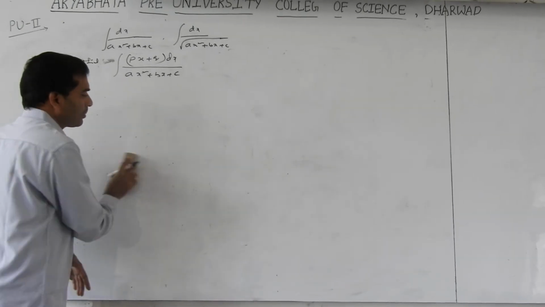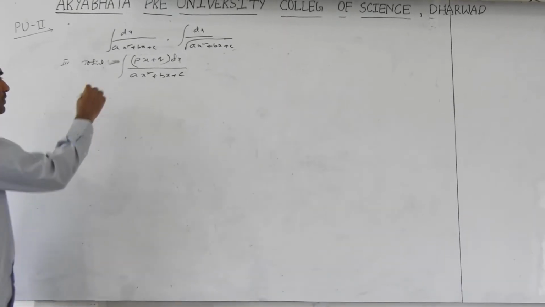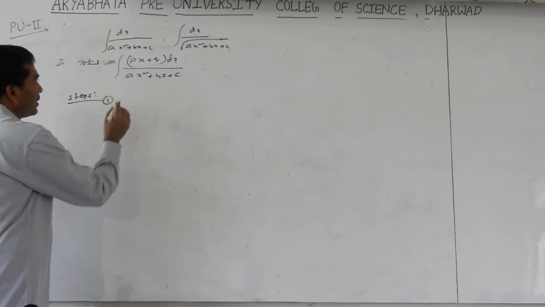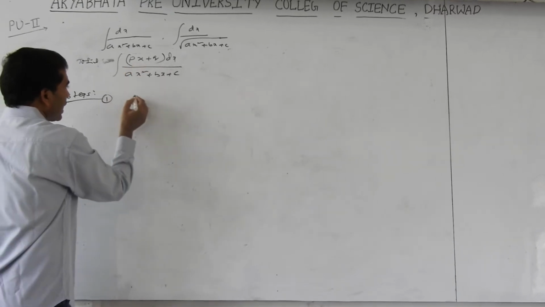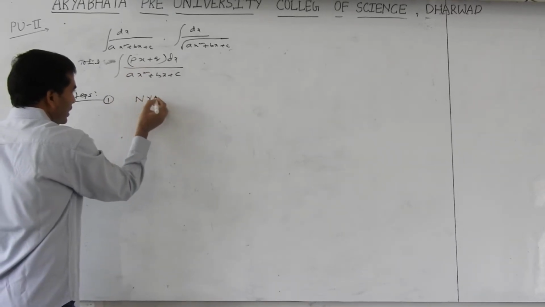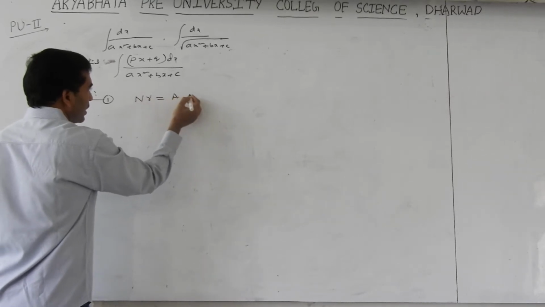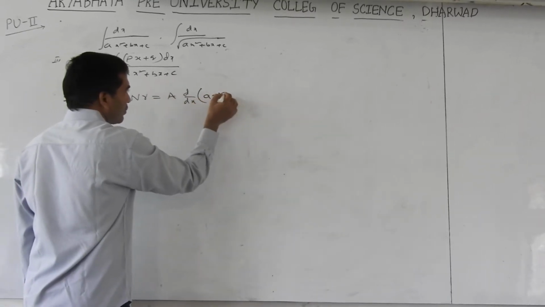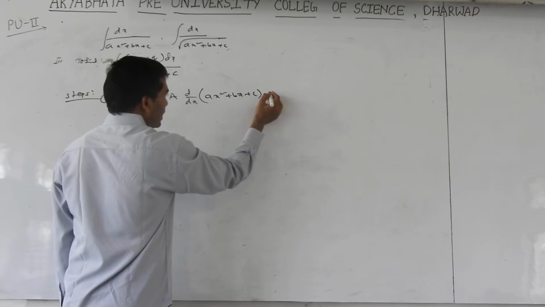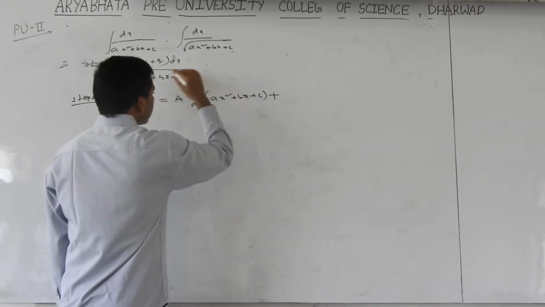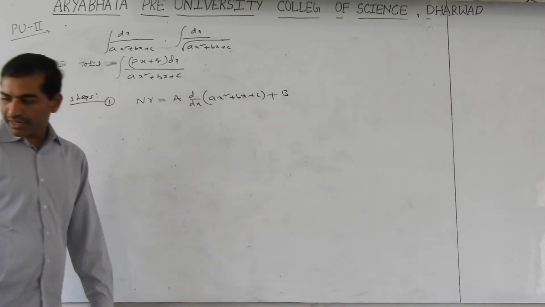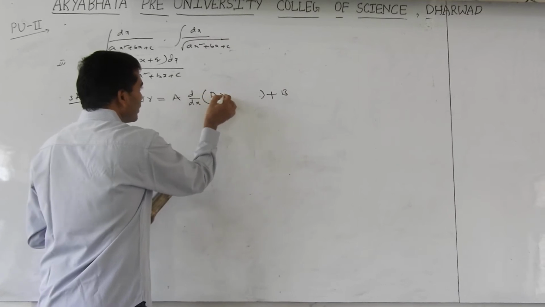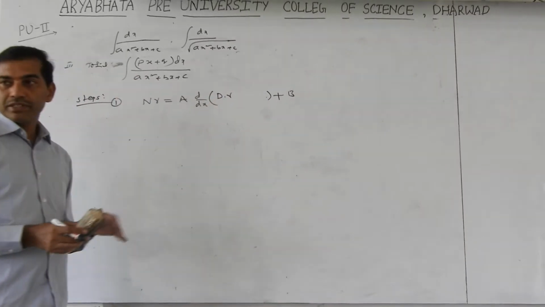Yes. Now the third method versus the steps. If it is this form, steps. First one: the numerator px plus q equals A into d by dx of the denominator ax square plus bx plus c, plus some constant B. D is always denominator, N is always numerator.